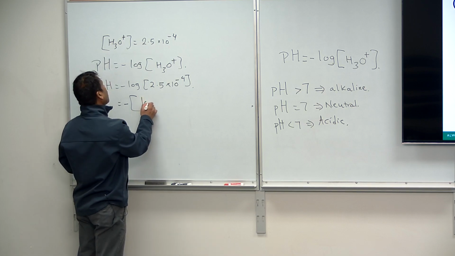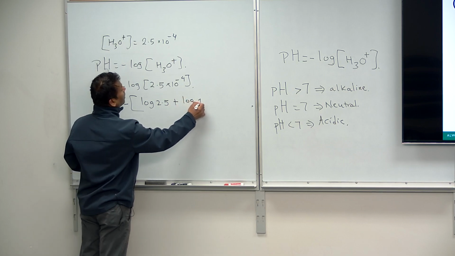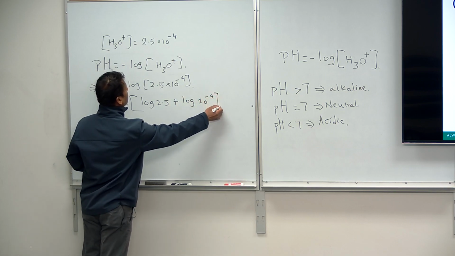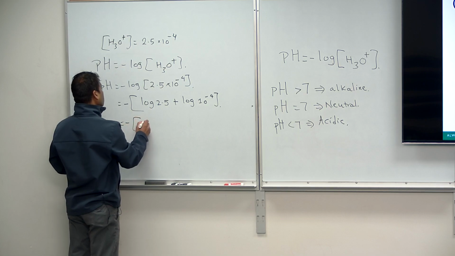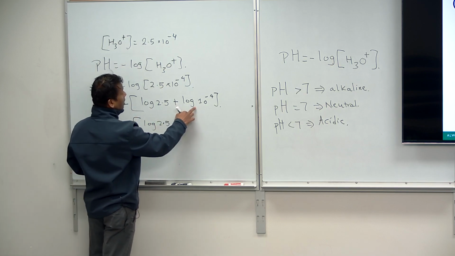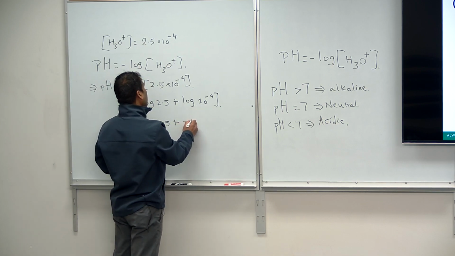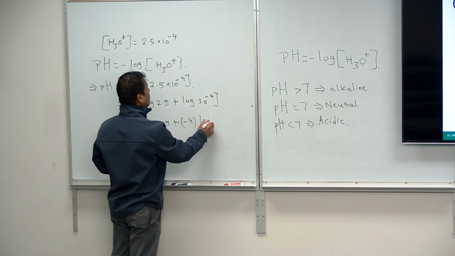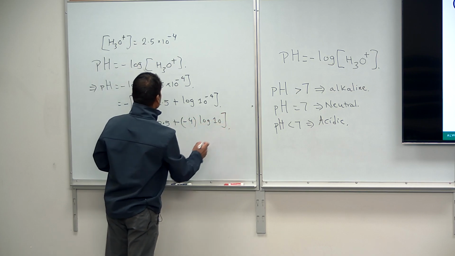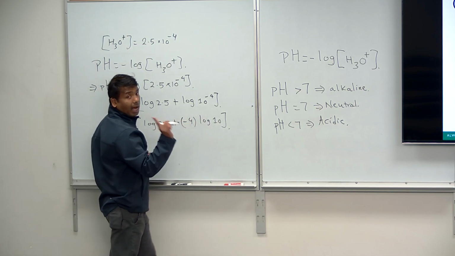So this is the same as logarithm of 2.5 plus logarithm of 10 to the power what? Negative 4. So this is negative, so this is log 2.5, and you can use the power property if you like. So this is negative 4 times what? Log 10. Okay? And the value of log 10 is 1.